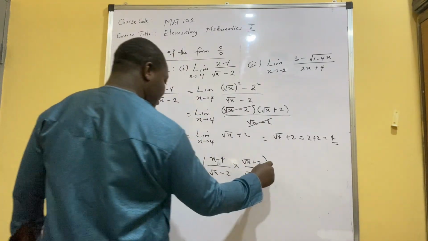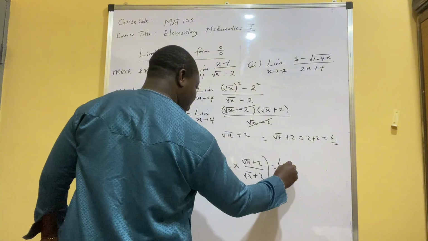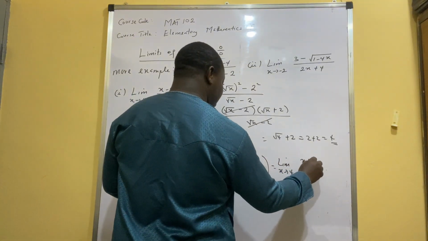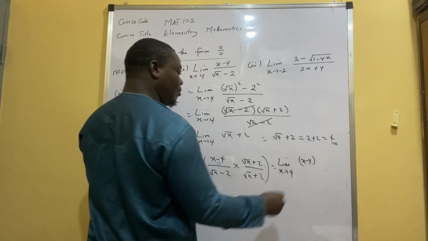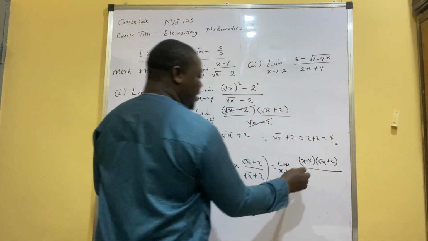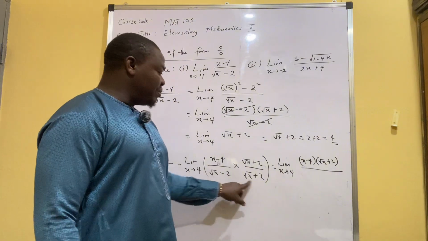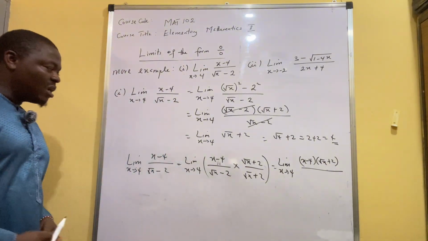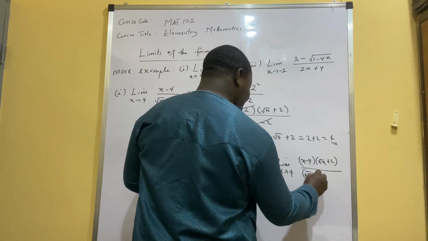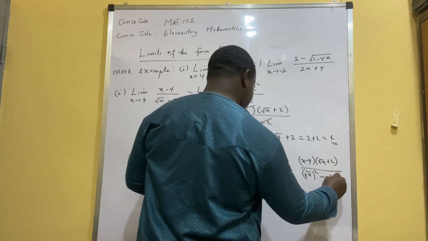If we multiply that, we have the limit as x tends to 4 of (x minus 4) multiplied by (root x plus 2), divided by the denominator. We now multiply the denominator. If you look at it, the denominator is a difference of two squares, meaning we have root x squared minus 2 squared.